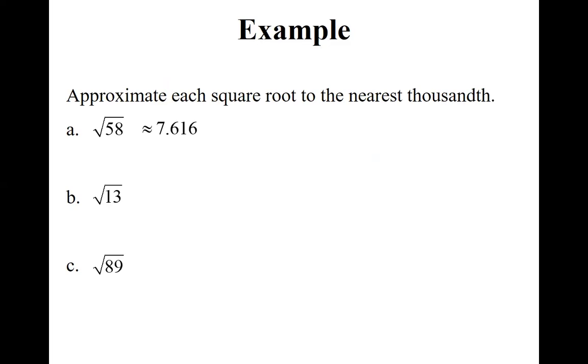So originally we had 6157. The 7 is a 5 or greater, which rounds the 5 up to a 6. So this is an exercise in rounding to the nearest thousandth. It doesn't take much skill. Some calculators are tricky.